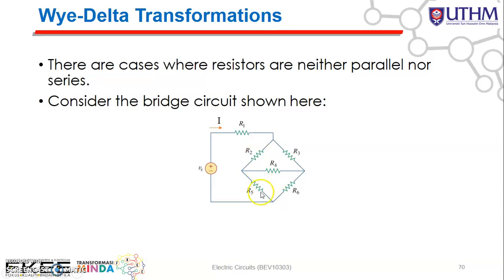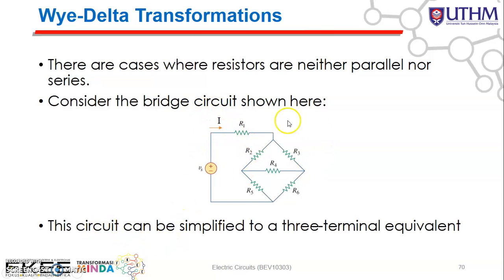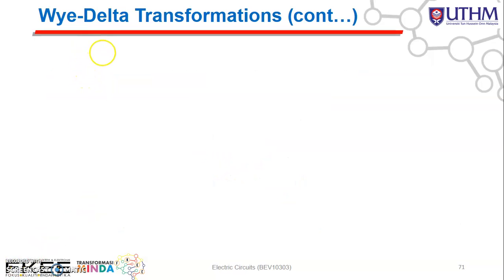That's why we need to do the transformation, so that we can find the R equivalent, and then based on the R equivalent, we can calculate the value of I. This circuit can be simplified to the 3-terminal equivalent. That's the purpose of the transformation, so now we know why we need to do it.